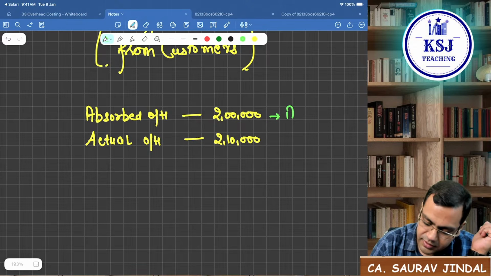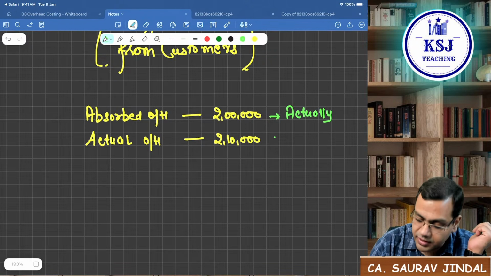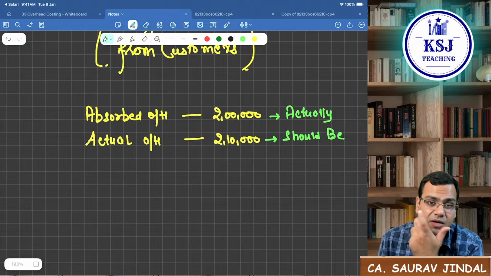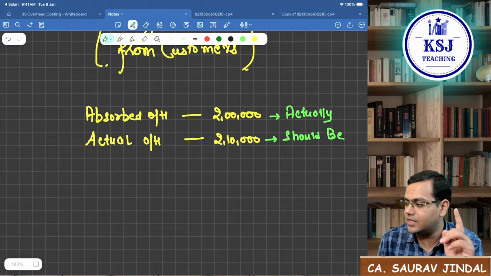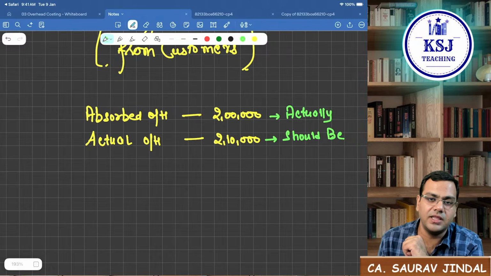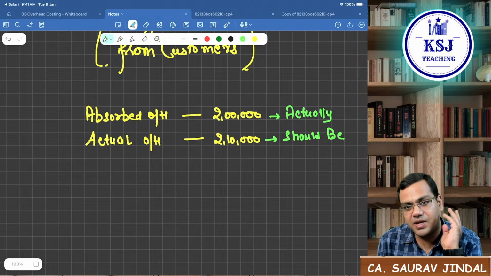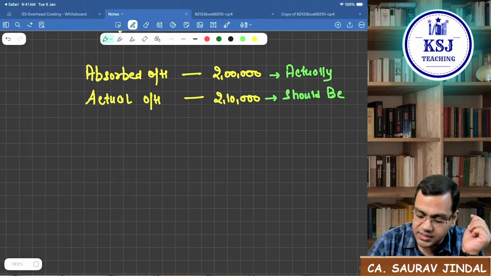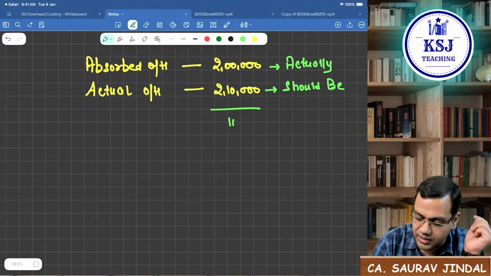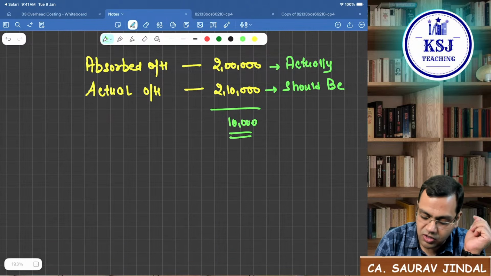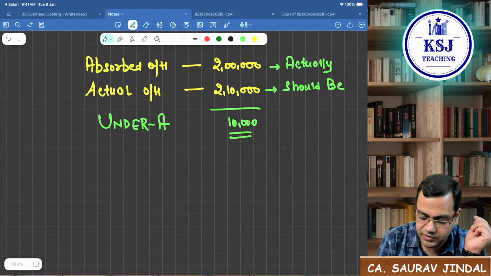Now this difference, sir, what about this 10,000? If you are incurring overheads of 2,10,000, you should be recovering 2,10,000 from the customer. But based on the previous data, you are recovering only 2 lakh rupees. So this 10,000 difference is what we call under absorption of overheads.